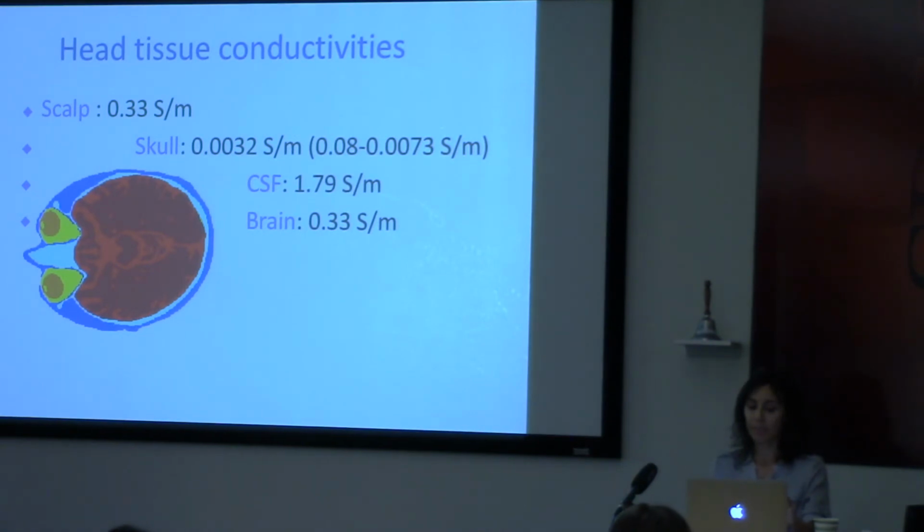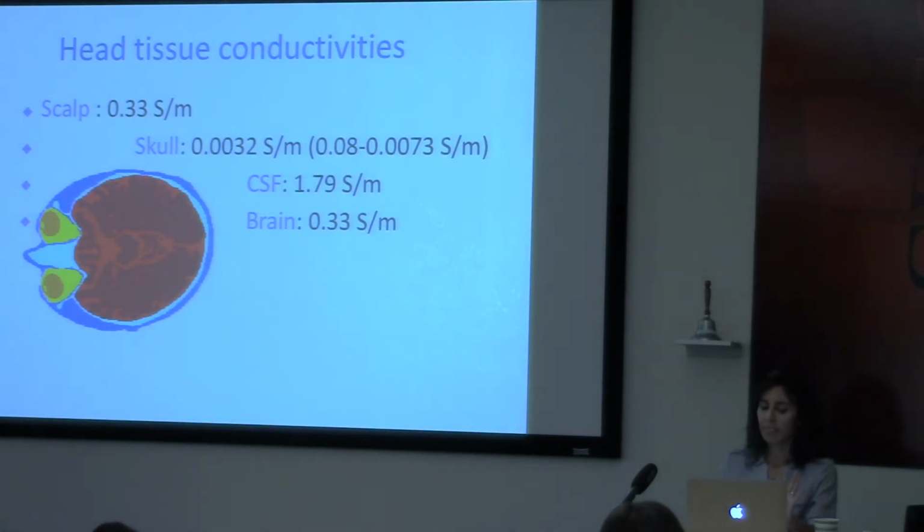For scalp, CSF, and brain, if we look in the literature, then we see very consistent conductivity values. But the skull conductivity varies a lot from person to person, and it varies a lot due to measurement method, and it varies during aging.